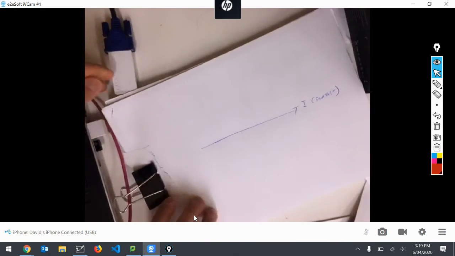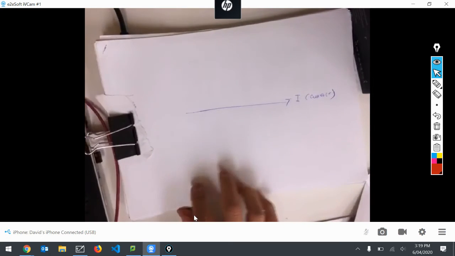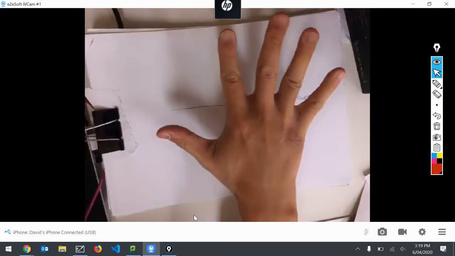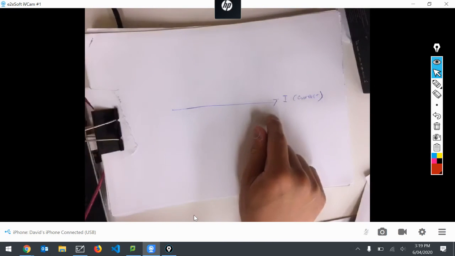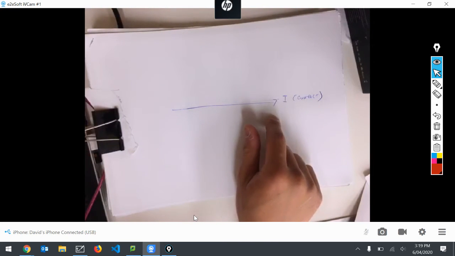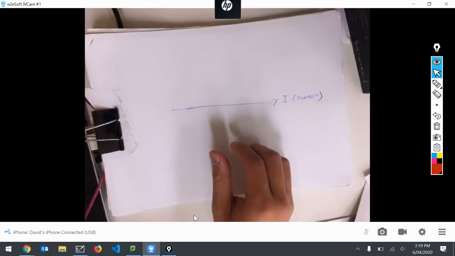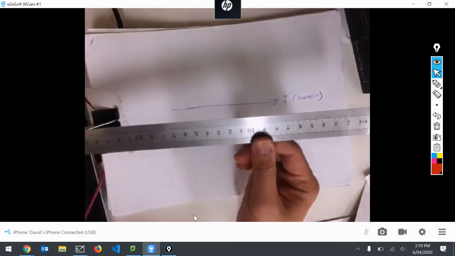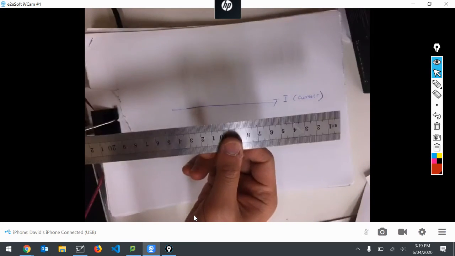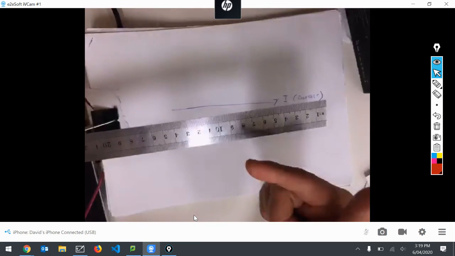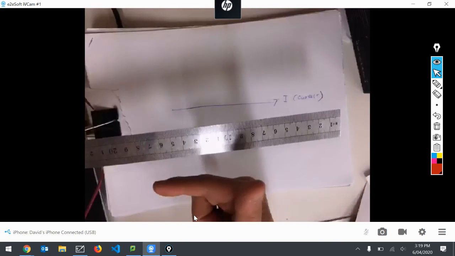This is my right hand, and say this is the direction the current is traveling. I have a ruler to hold on to, going towards your right, which is where the current is going. Again, that's conventional current, which means your electrons are actually going the other way.